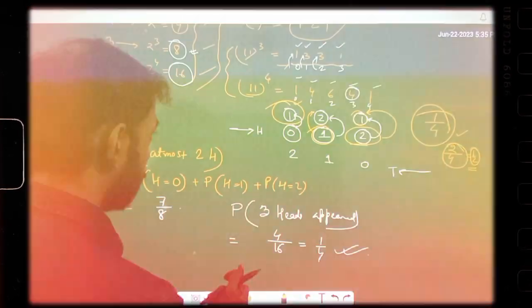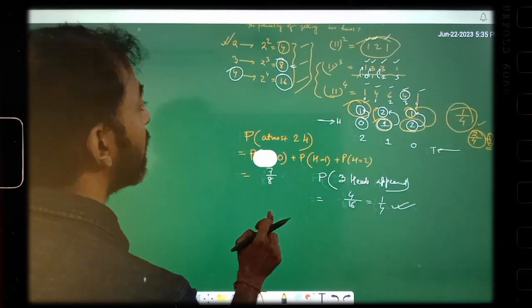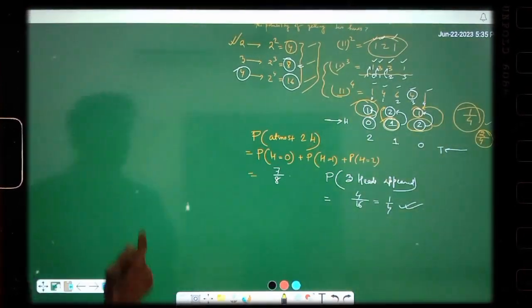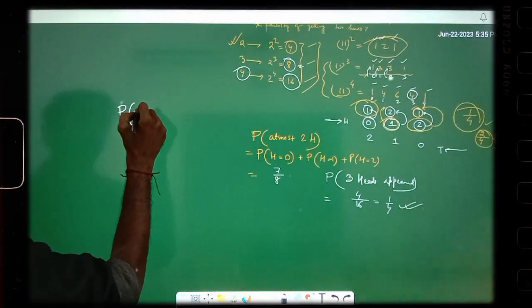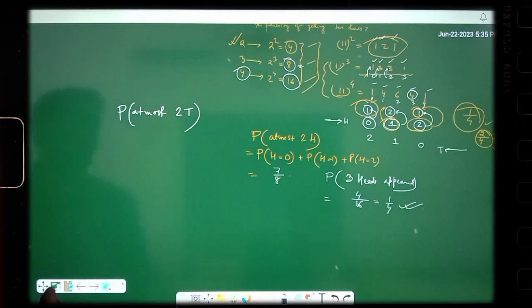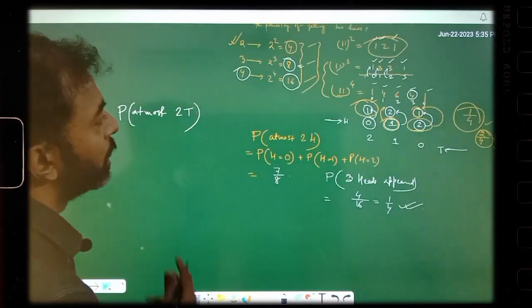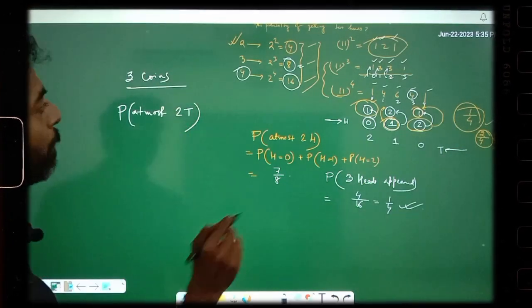Now, just look at this once more for a different type of problem. Say, the probability of at most 2 tails, and there are 3 coins which are tossed simultaneously.